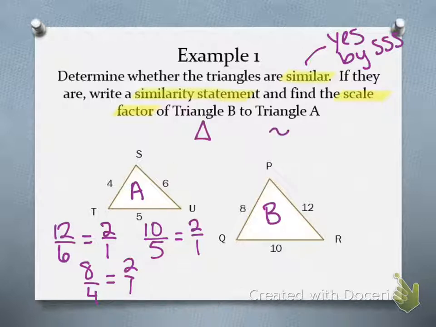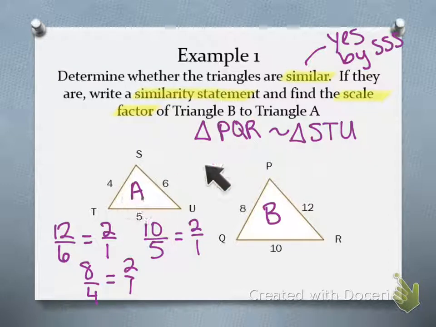So triangle blank is congruent to triangle blank. Keon? Triangle STU is similar, or is they congruent? Similar. Similar to PQR. ST is our shortest side, so PQ should be our shortest side.